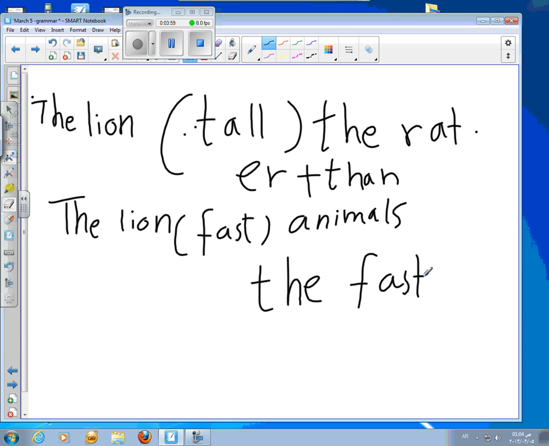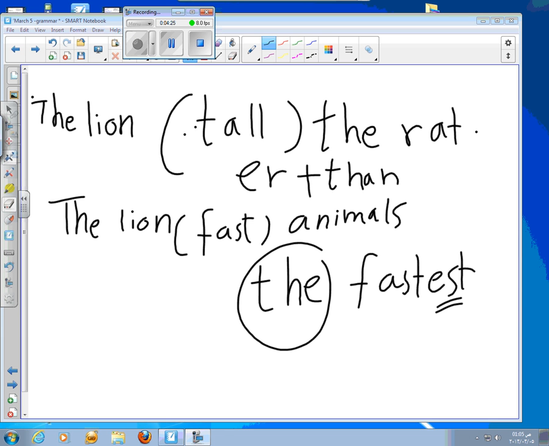What will I add to the adjective? est. Before it, I'll add the. Never switch between than and the. Than I use when I'm comparing between two, and I put it after the adjective. But the, I put it before the superlative.